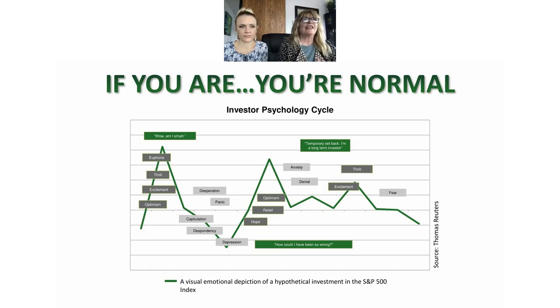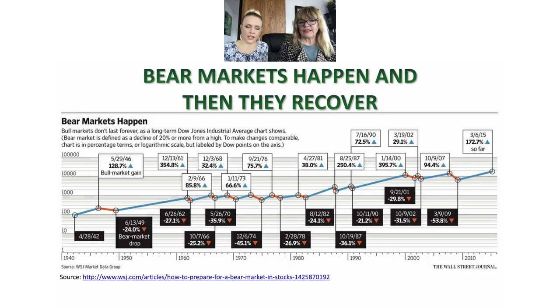If you're in the stock market, it will go up and down. How much are you comfortable with the ups and downs is the big question. I think a lot of that is getting educated like we are today, having that awareness and knowing that it is normal and predictable, and that might help you from making some of those rash emotional decisions.